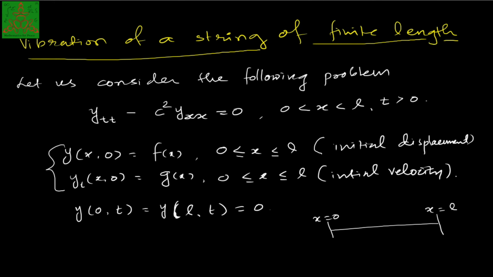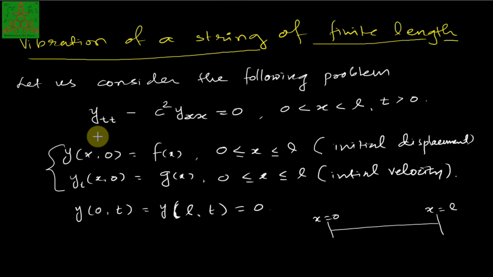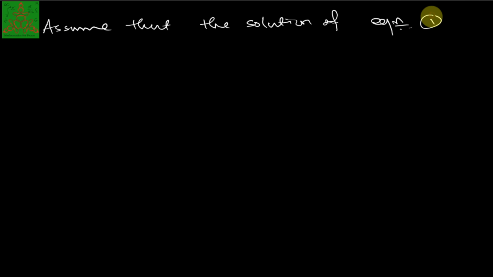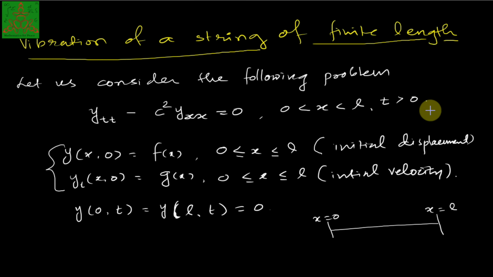As we discussed in my previous lecture, whenever we apply the method of separation of variables, we assume that the solution is separated into two functions. Here the variables are t and x. Let us assume that this is equation 1, this condition is 2, this condition is 3, and this condition is 4.